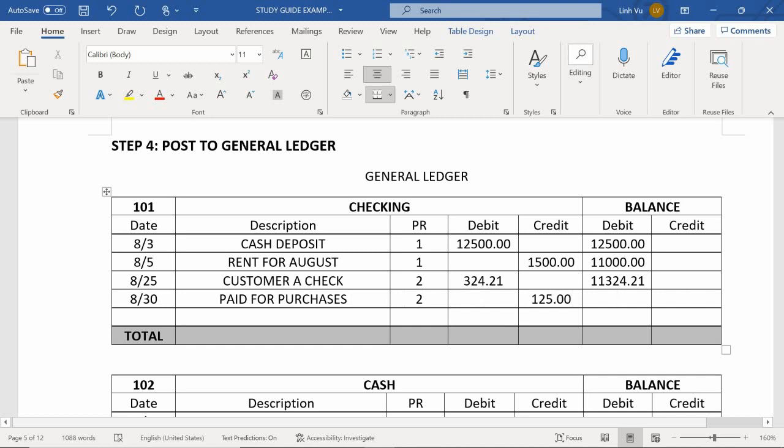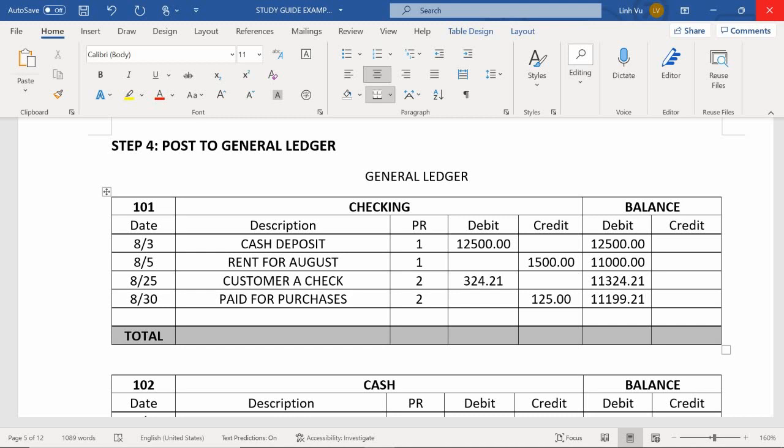The balance is 11,199 and 21 cents. Okay. So let's move on.